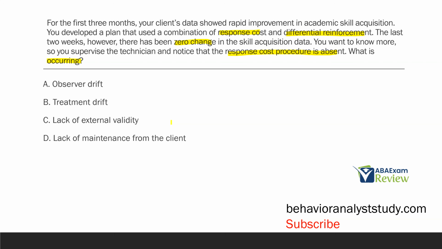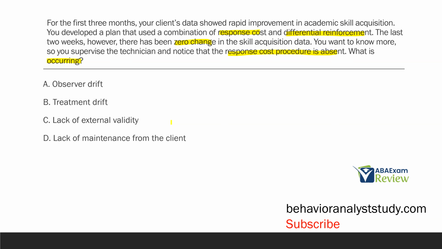What about C? Lack of external validity. We're not worried right now about external validity or generalization. We need to figure out why our internal procedures aren't working as well as they were before we can focus on generalization. And then D, lack of maintenance from the client. Well, we're looking for improvement.